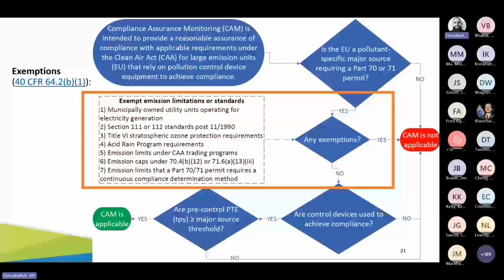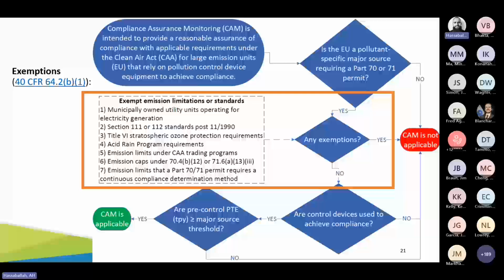However, they do not include rules that were amended after November 1990. Whether an emission standard amended after November 1990 is exempt from CAM would depend on the nature of the amendment in question, and whether the amendment includes monitoring requirements that satisfy CAM.